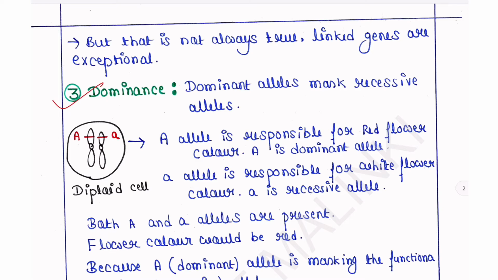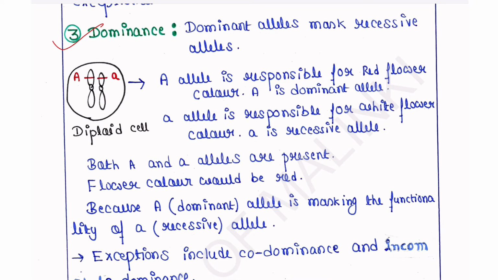Third is dominance. Dominant alleles mask recessive alleles. So here we can see this is the diploid cell. It contains a pair of chromosomes. This chromosome has the capital A allele and this chromosome has the small a allele. Capital A allele is responsible for red flower color.